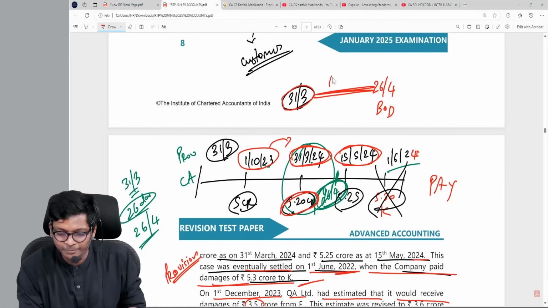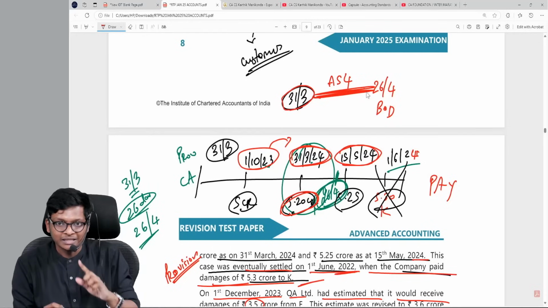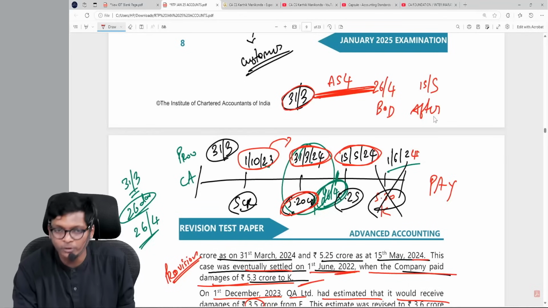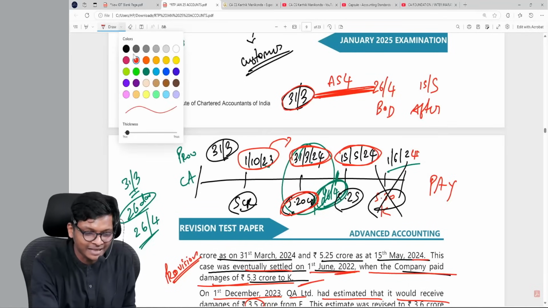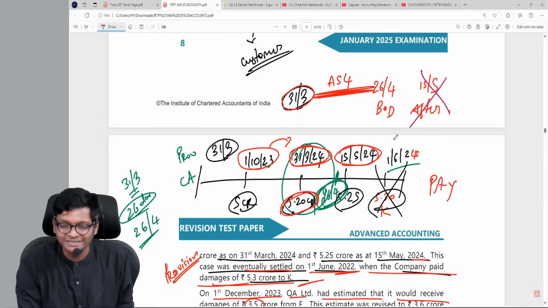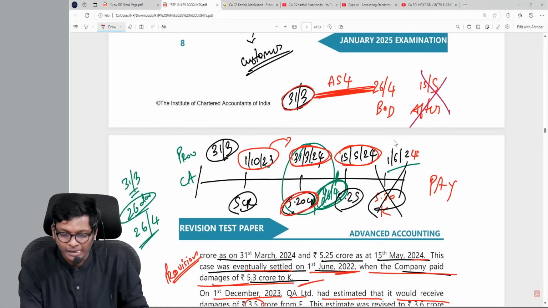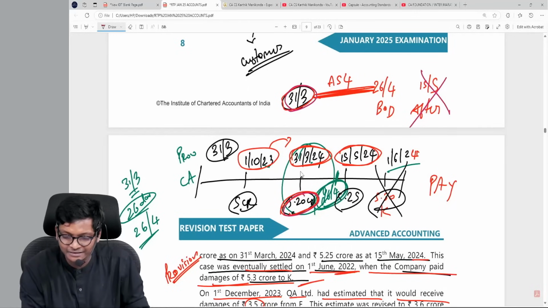That means as per AS 4, the scope of events is only till here. The estimate is changed on 15th May after board approval. So if something is happening after board approval, will you consider? No, we will not consider. Therefore, as of 31st March, latest available provision is how much?